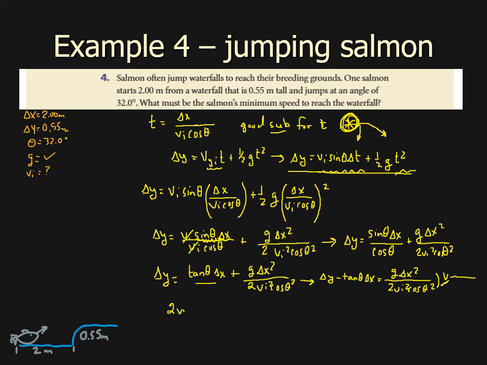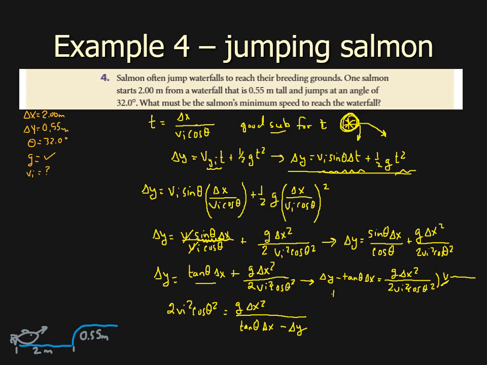And so that rearrangement will look like this. So 2 initial velocity squared cosine squared equals gravity delta x squared divided by tangent of the angle delta x minus delta y.